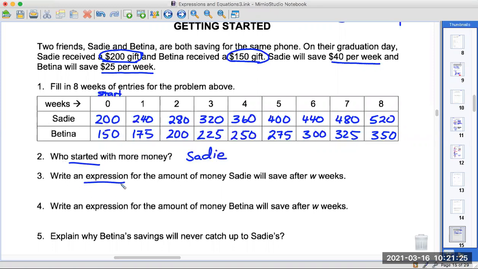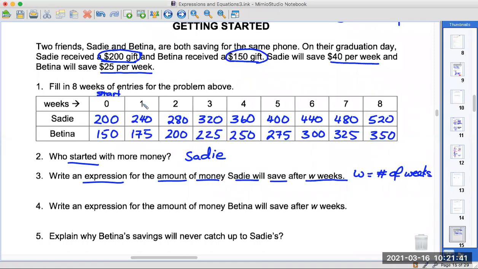Write an expression for the amount of money Sadie will save after W weeks. So W is the number of weeks, so that would be these numbers, 1, 2, 3, 4, 5, 6, 7, 8. The expression will look like this.